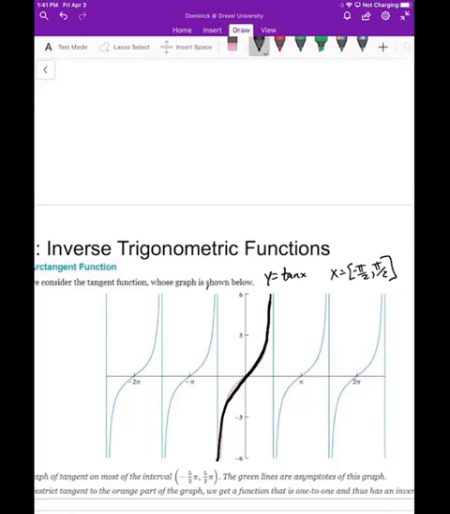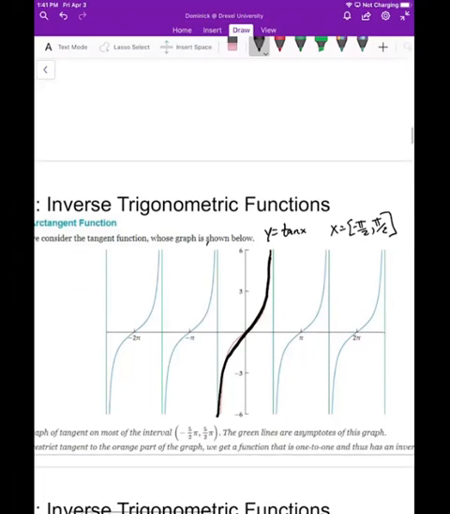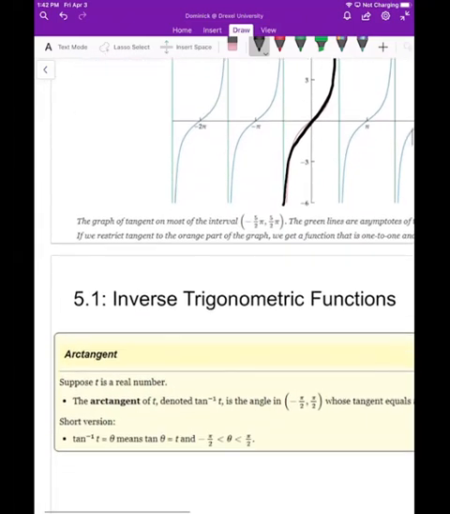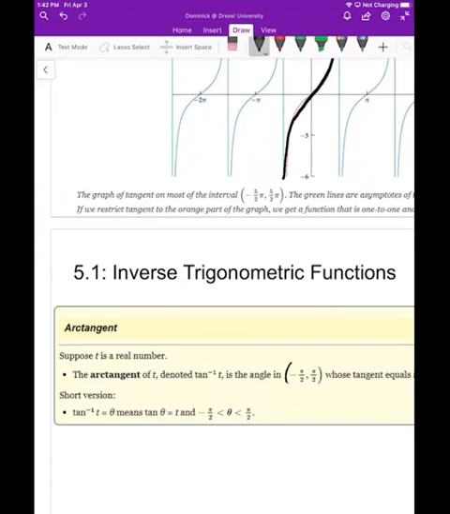We technically wouldn't even include pi over 2 in our analysis, because we get something that's undefined there. That's why you're seeing the parentheses here. You want to go from negative pi over 2 to pi over 2, but not include them, because the tangent is undefined there.